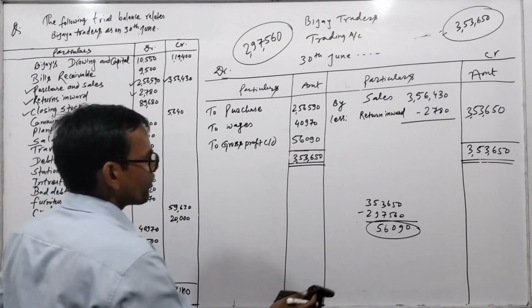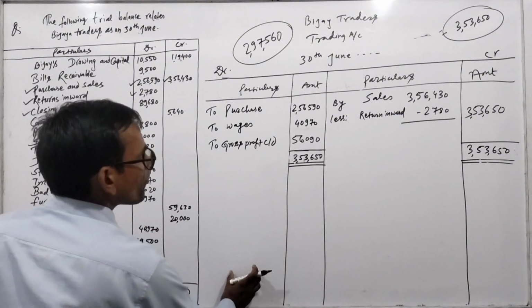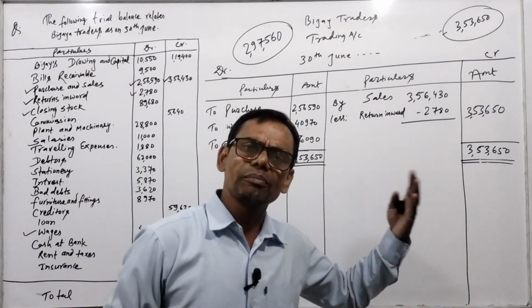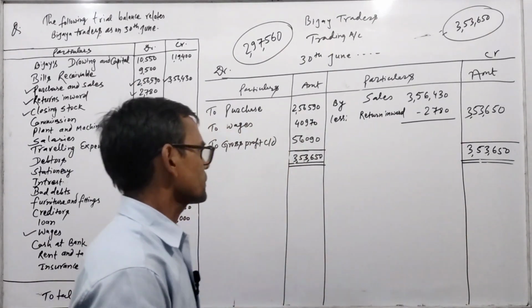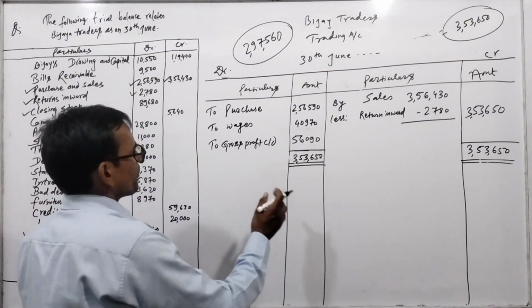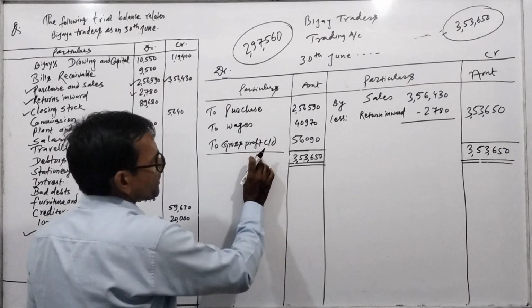Now prepare the profit and loss account. You can prepare it down below, or in another format. In the same format I am going to prepare the profit and loss account. Here is the gross profit c/d.